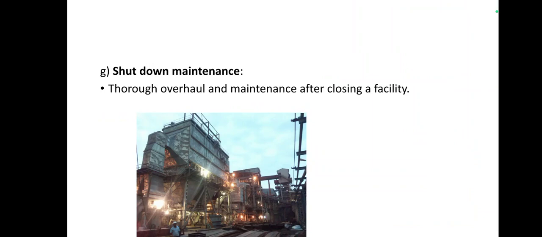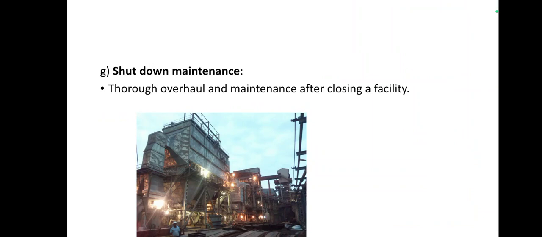Suppose you consider an industry which is not in function for the past 6 months, so we should not leave it as such. Due to some conditions the industry may be shut down, but once in a month or once in a week the maintenance people or the sweepers should go and do the maintenance work.